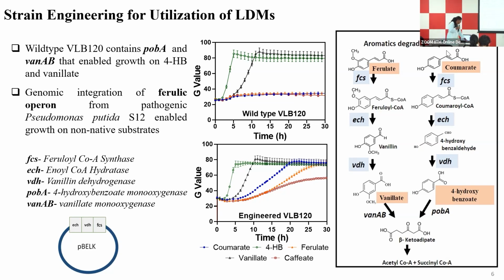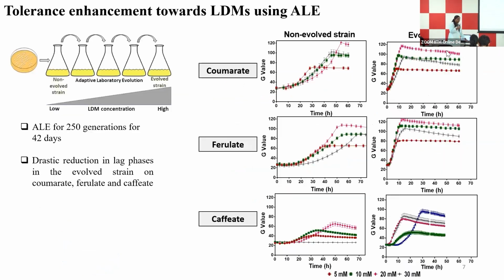Then we used a strategy known as adaptive evolution. We subjected the strain to stress conditions, and then we increased the tolerance towards these toxic substrates, and we carried out a transfer every 2 days for several generations, and we got strains which could grow better at higher concentrations of these toxic substrates.